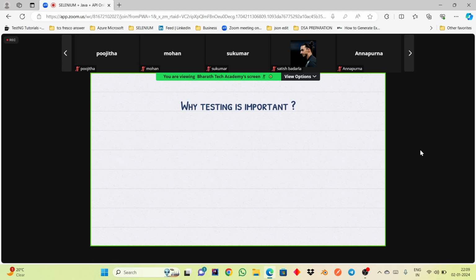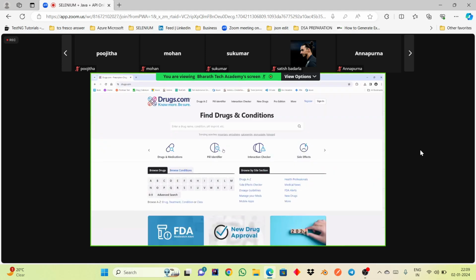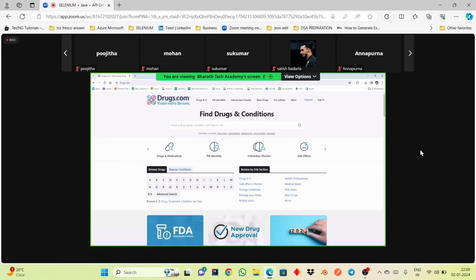Nowadays, everything is Google. Whenever we want to watch a movie, we open Google and check the reviews. Whenever we want to purchase a product, we follow the reviews. Whenever we want to purchase a small toy, we read the reviews and then purchase. You guys agree with me? At least I'm doing that. I don't know about you guys.